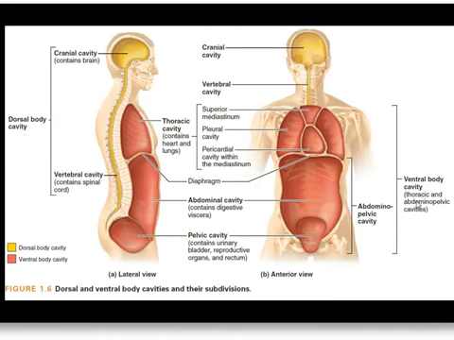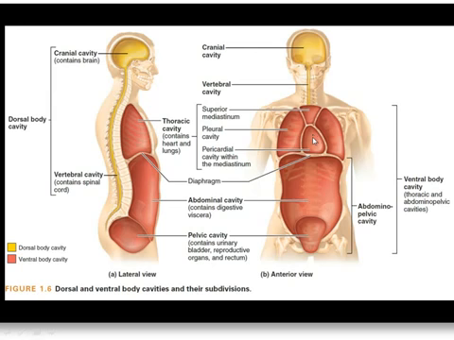So when we see here, the cranial cavity consists of the brain, and the vertebral or spinal cavity consists of the spinal cord. In the thoracic cavity we have the pleural cavities on either side that contain the lungs, and in between the lungs there is a cavity known as the mediastinum.